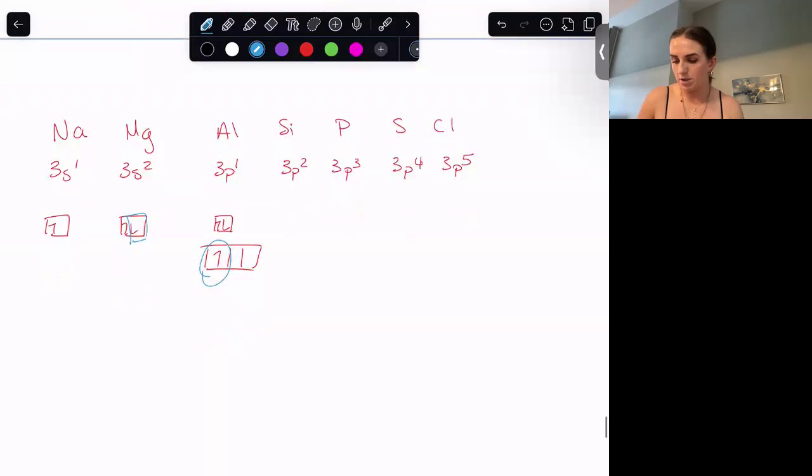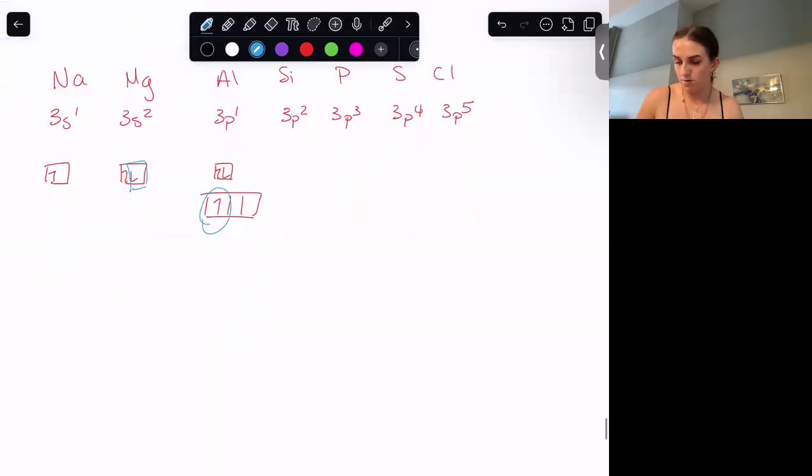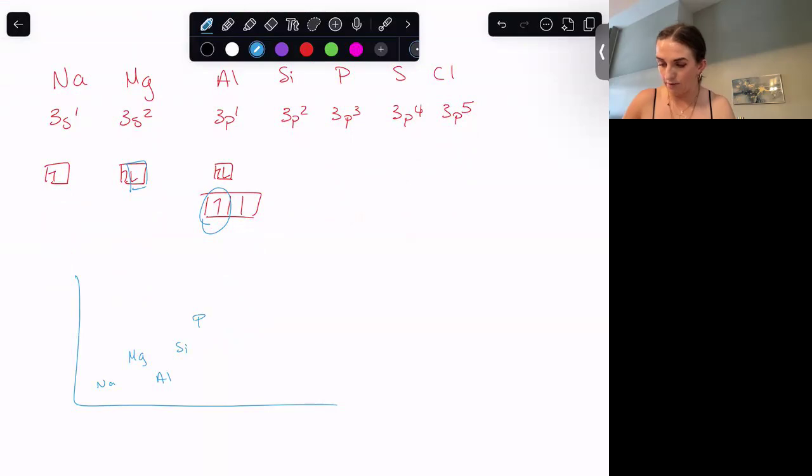So if we look at ionization energies, it's sodium, magnesium, and then aluminum goes down. And then it's silicon and phosphorus, and then it goes down for sulfur, and then back up for chlorine, and then argon is up here.